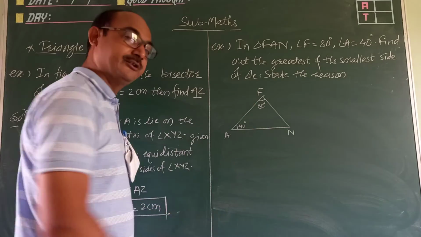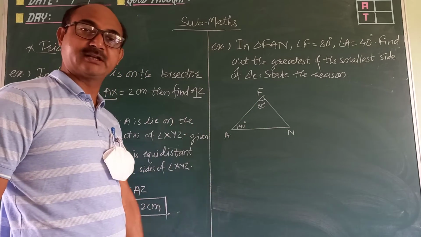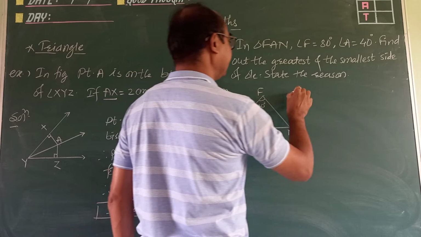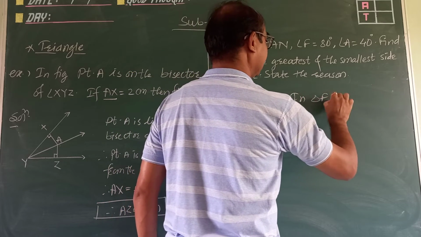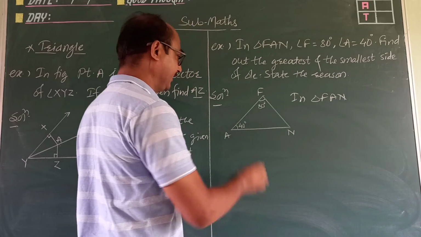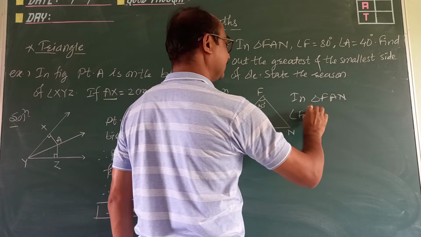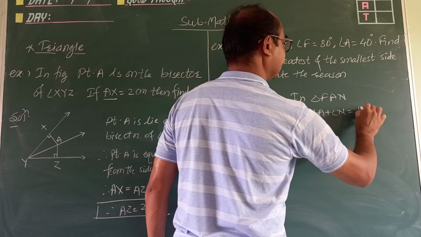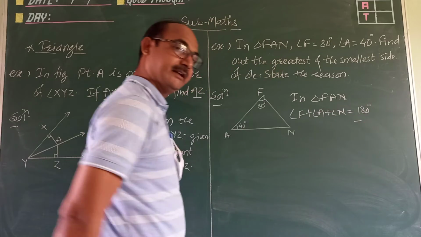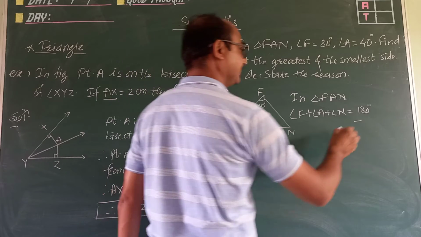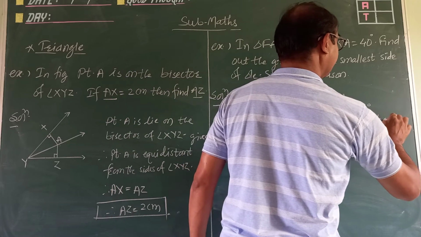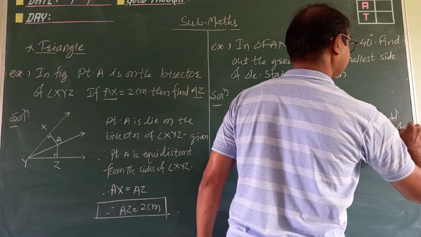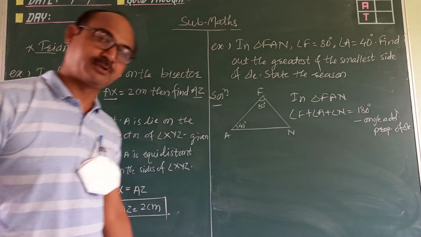First, you should know all three angles, then we compare the sides. Here two angles are given. In triangle FAN, angle F plus angle A plus angle N, this addition we know is 180. Already you have studied one theorem on triangle. Here you can write the angle addition property of triangle.